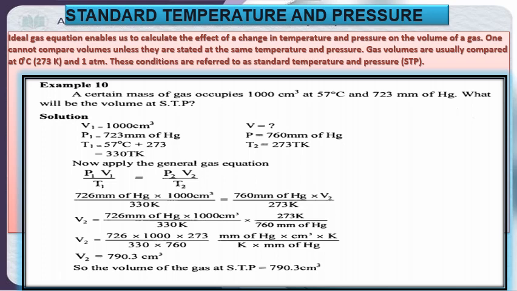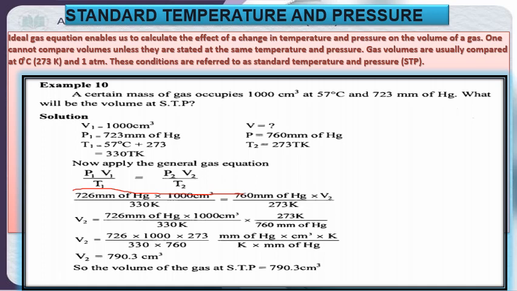That is, 0 degrees centigrade and a pressure of 1 atmosphere will be considered. You have to apply the equation P1V1 over T1 equals P2V2 over T2. Here you have to calculate the value of V2, right?